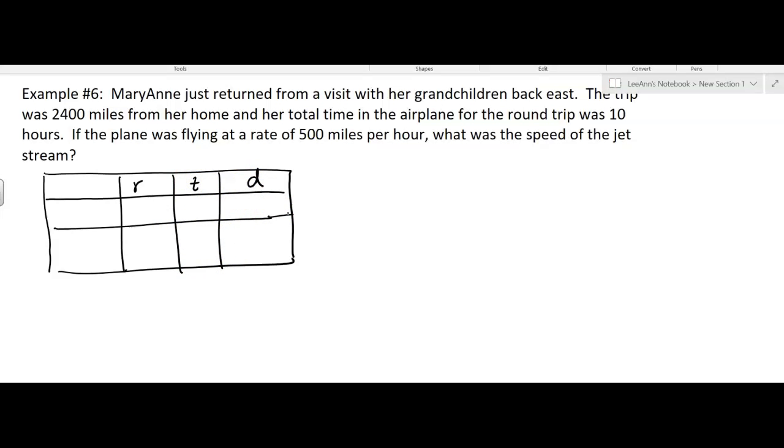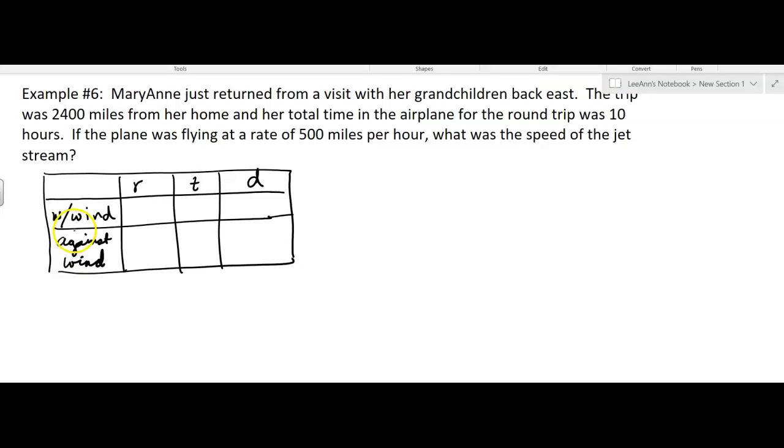So she's flying with the wind. That's the jet stream, is the wind. So the wind is helping her go faster in the plane. And then she's flying against the wind. I don't know which way the wind's blowing, but it doesn't matter for our purposes here.